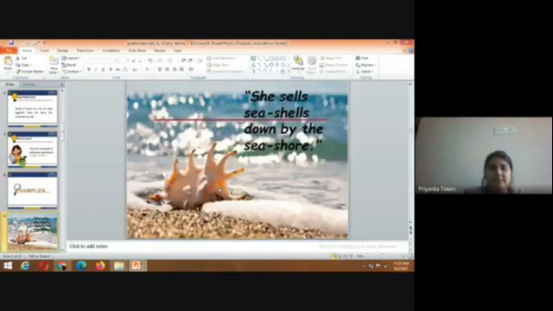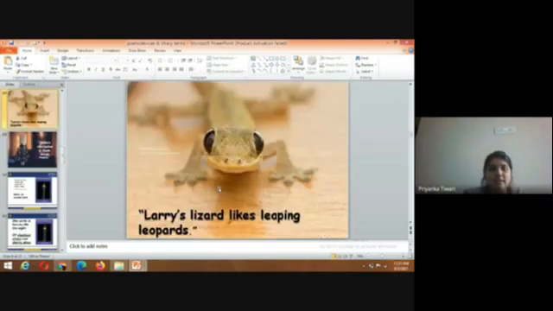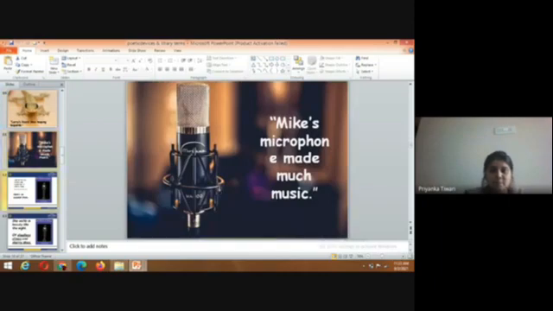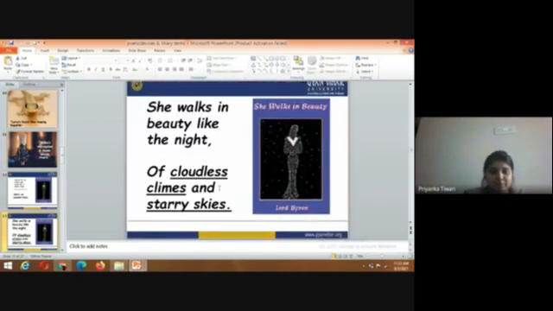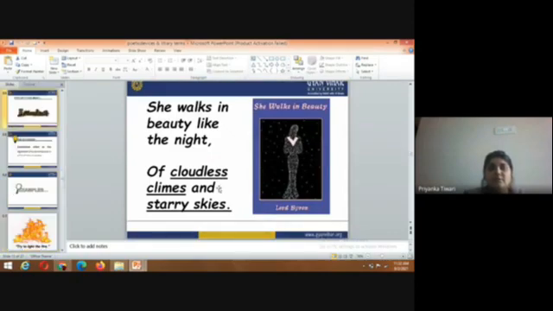She sells seashells by the seashore. These are some examples, like beauty like the might of cloudless climes and starry skies.